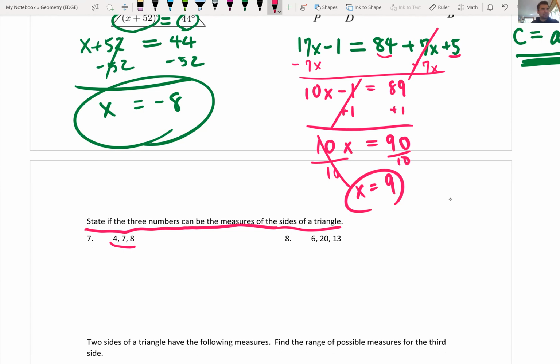So that's the question. What do you guys think? Can you tell me just by looking at it?